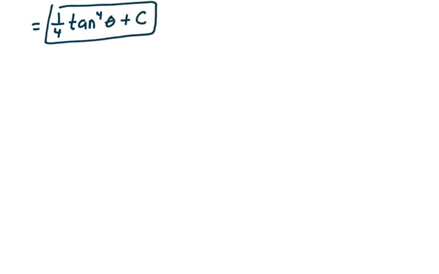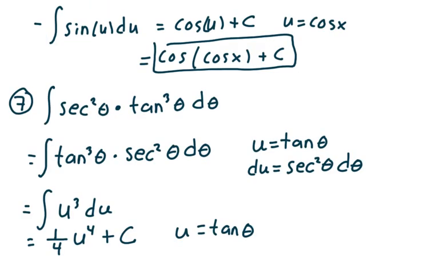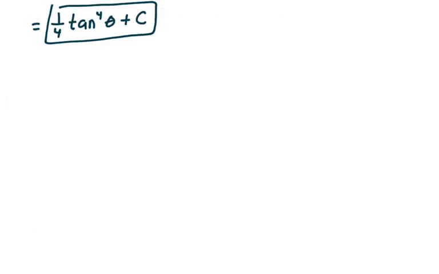So when I go to plug that back in, I get 1/4 tangent to the 4th theta plus c. And that right there is problem number 7. Let's take a look at problem number 8.